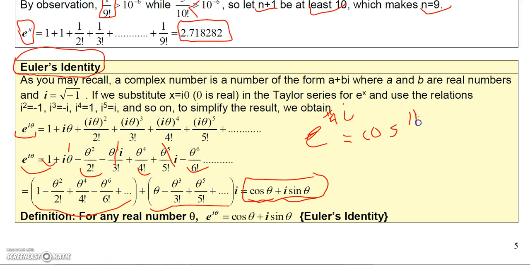Cosine pi over 4 plus sine pi over 4 times i. So cosine pi over 4 plus i times sine of pi over 4 is a way to write e to the pi over 4 i in terms of cosine and sine. So that's basically Euler's identity.